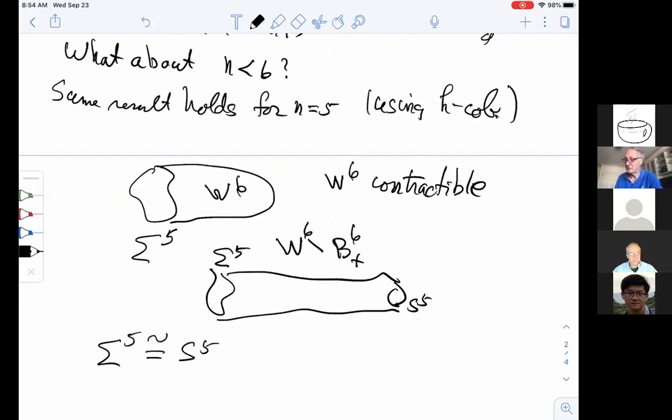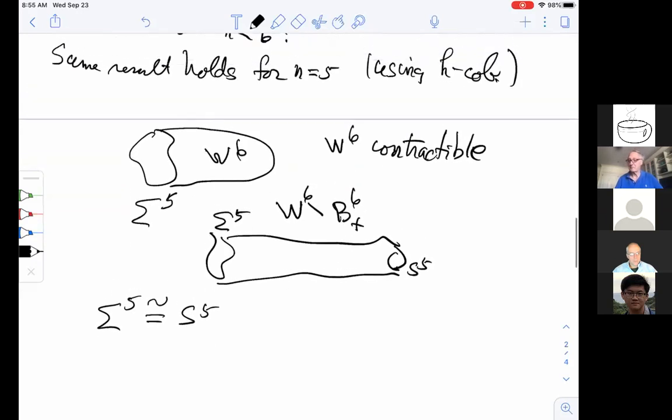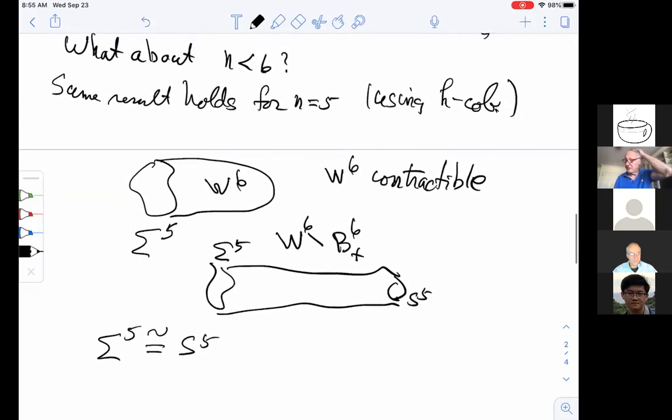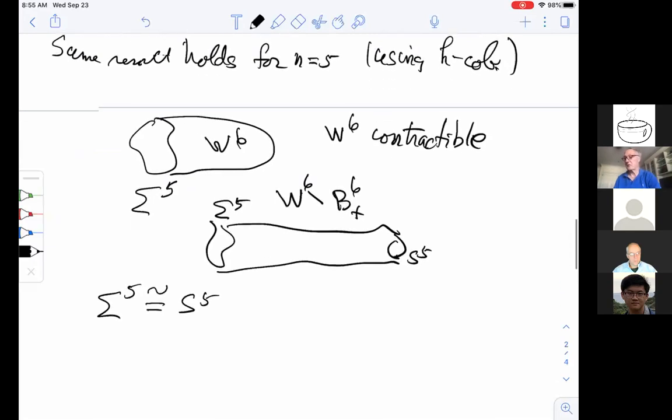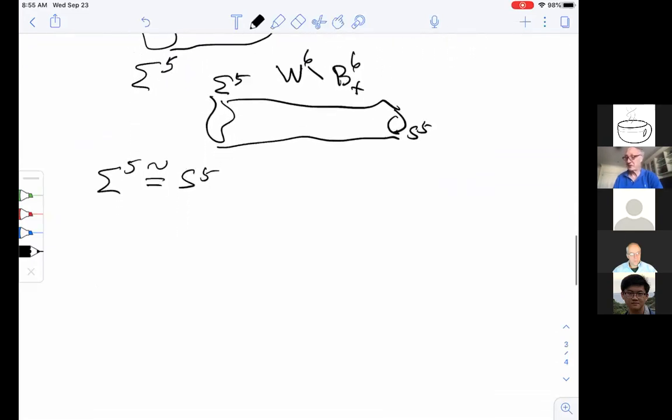In fact, W6 minus a ball is diffeomorphic to S5 cross I, and therefore W6 is diffeomorphic to the 6-ball, and its boundary is then diffeomorphic to the 5-sphere. So that's how you can use the H-cobordism theorem to classify 5-dimensional spheres.